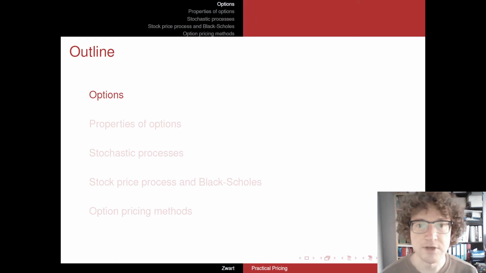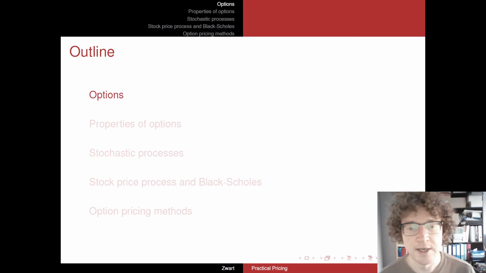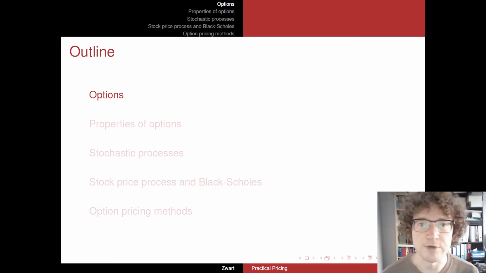Then we'll look at the stock price process, in particular the Black-Scholes value of option pricing, a celebrated solution that goes back to the 1970s. And in the end, I'll outline very briefly the different ways there are to actually price options in practice.